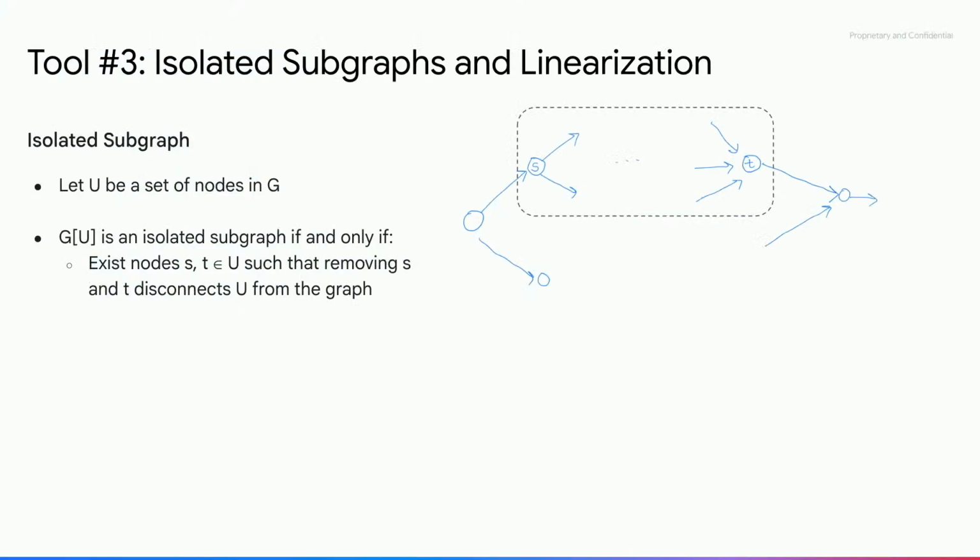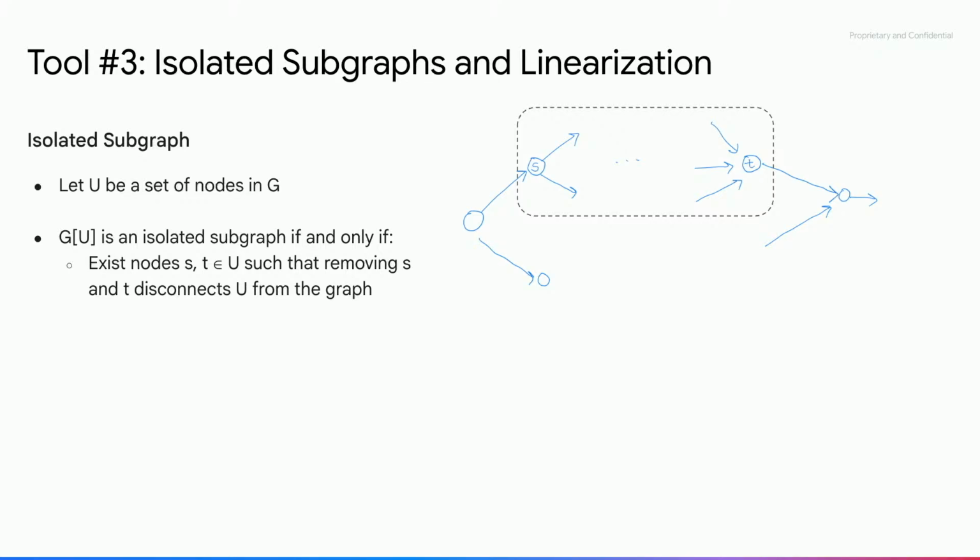That gets me to my third and final tool, which is going back to what I started off with: isolated subgraphs and linearization. Not super important to see what isolated subgraphs are. This is actually a simplified definition. All it means is if you have a subgraph which you can remove the two endpoints and it disconnects the whole graph, that's isolated. So in this case, this S-T, everything in the middle is isolated.